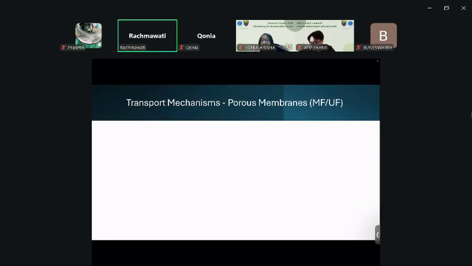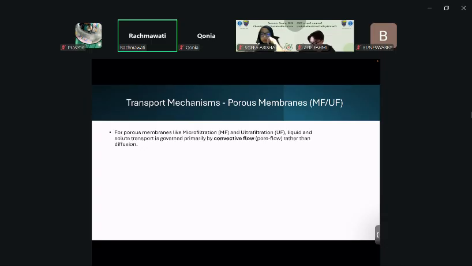Now, after you understand the principle of the membrane, you know the types, you kind of understand the mode of preparation of making a membrane. Then we also want to know the transport mechanism. We want to understand what is going on with this process of filtration using a membrane.